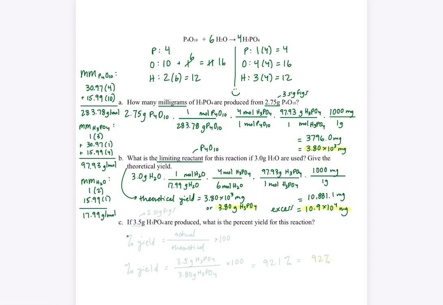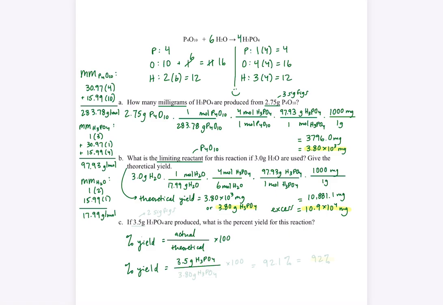So let's recall that the formula for percent yield is actual value over theoretical value times 100. So for this case, our percent yield, we're given the experimental value, so that's the actual value of 3.5 grams H3PO4.